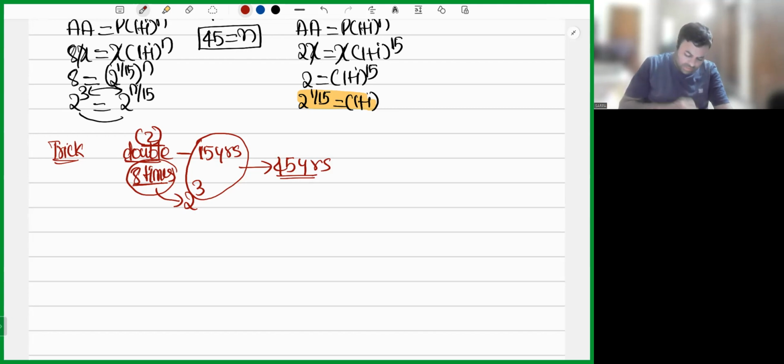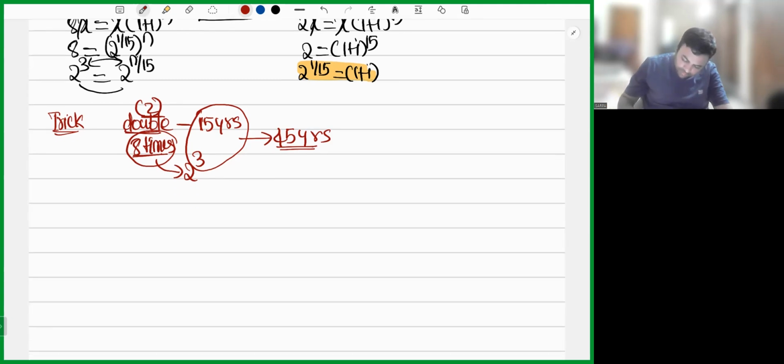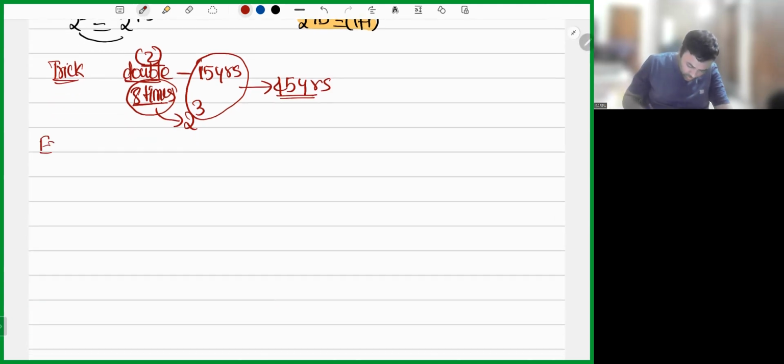Now, let me give you a similar question. This is a previous year examination question. Just see if you can try solving it. Example: a sum doubles in 4 years.